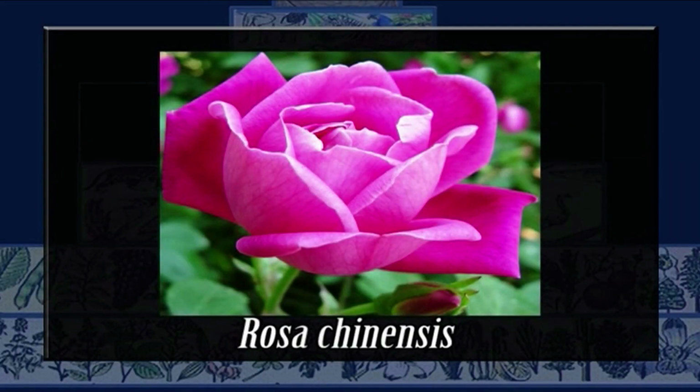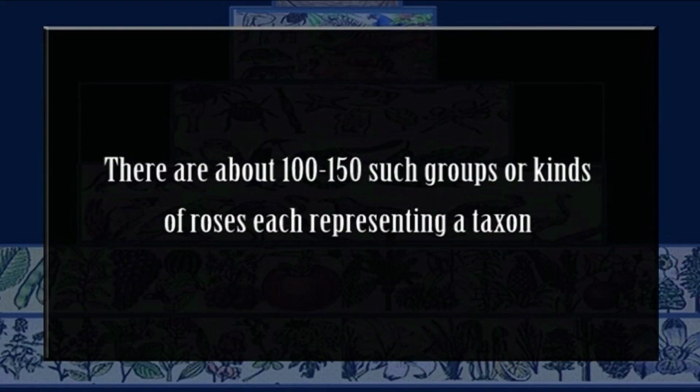All the Chinese roses together form one taxon known as Rosa chinensis. This represents a group of similar plants assigned to the taxonomic category species, at the rank of species in the taxonomic hierarchy. There are about 100 to 150 such groups of kinds of roses, each representing a taxon at the rank of species.